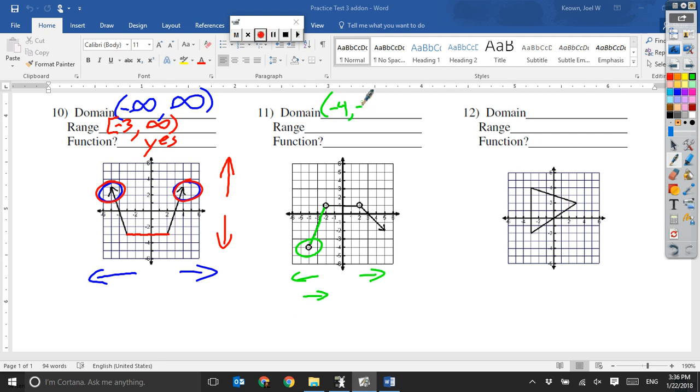So I'm going to put comma, -2, close parentheses. And I'm going to union, and then I have this line right here. So this line goes from -2 to +2, but again it doesn't exist at +2. I keep my line going, and then my line goes on forever. So from 2 to infinity.